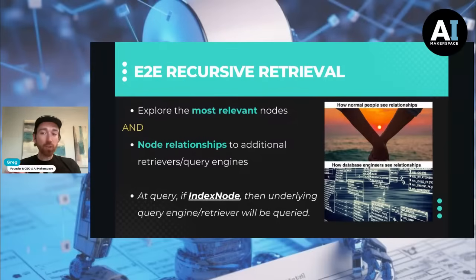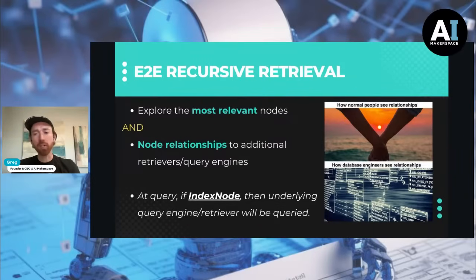So at query time, if the index node is fetched, now we're combining the idea of indexes and nodes into one construct called an index node. Then the underlying query engine or retriever will be queried. So now we're, again, stacking.